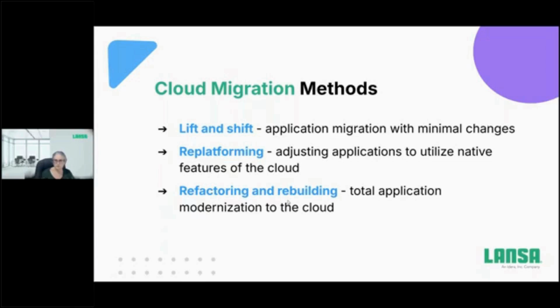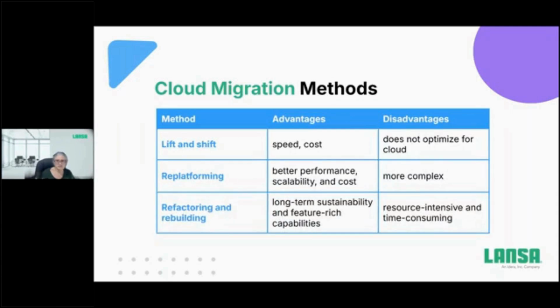We might be moving to different storage. We might be doing some Docker or containerization. And then refactoring is where you're taking your whole system and moving that into the new cloud native mechanism.